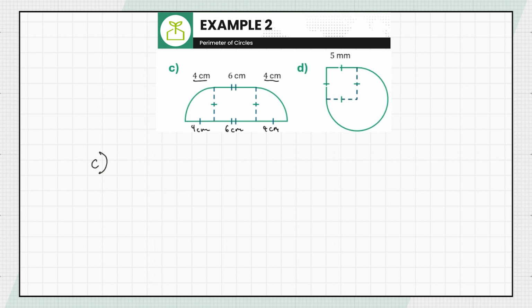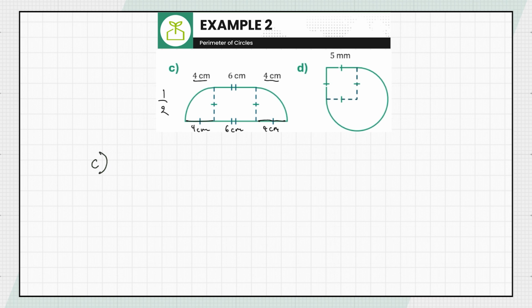Now, if we have 2/4 of a circle, we essentially have half of a circle, right? So we have half of a circle's arc, and then we add on our 2 bits of radius, which will essentially be equal to the diameter.